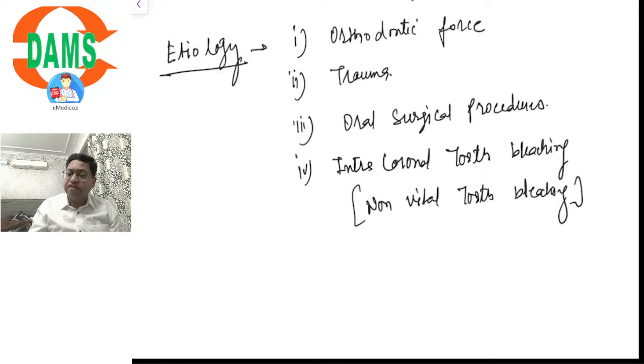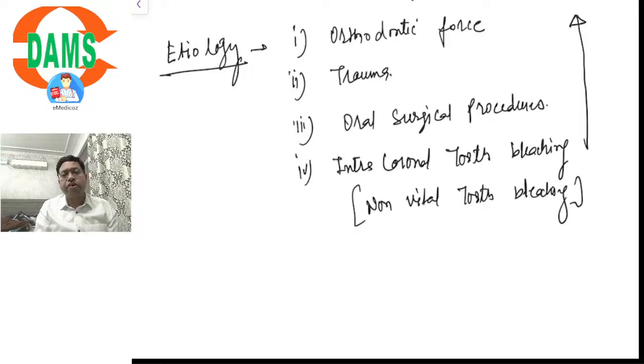So from the most common to the least common, these are the causes of external cervical resorption. Another question that can be asked: what is the most common side effect of intracoronal or non-vital tooth bleaching? Then the most common side effect is external cervical resorption. But tooth bleaching is not the most common cause of external cervical resorption, so vice versa is not true.